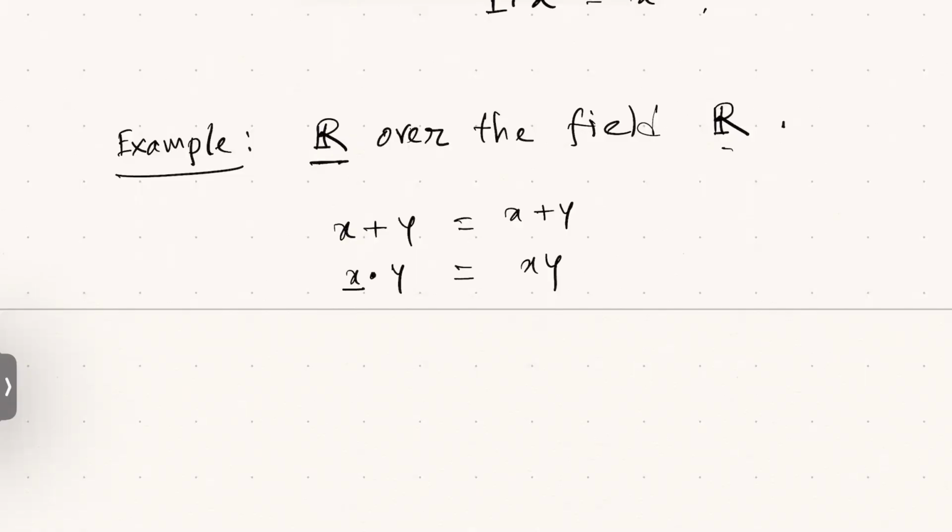This set or this set? So let us just put a vector over there. So x is a vector and y is a vector. And I'm defining this addition by simple addition of scalar real numbers.